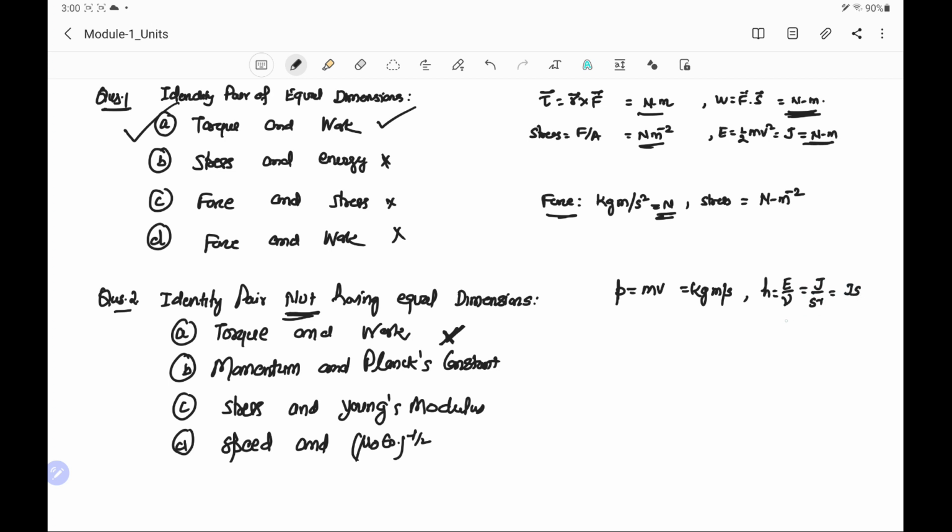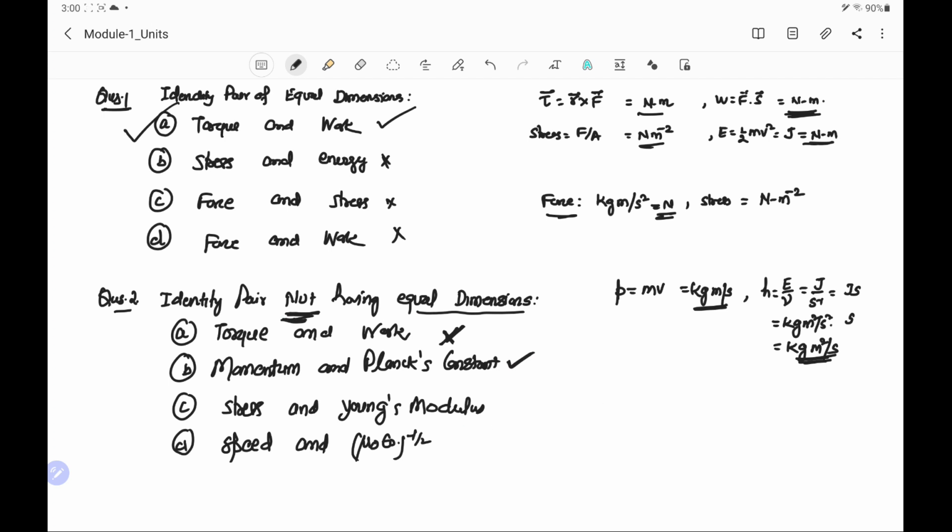And we expand this: joule has the expansion kilogram meter square per second square, and it is multiplied with second. It means we have unit kilogram meter square per second. And now we check the unit of momentum and Planck's constant. These are different. So this is the correct option as per the question, because we have to find the option which has not equal dimensions.